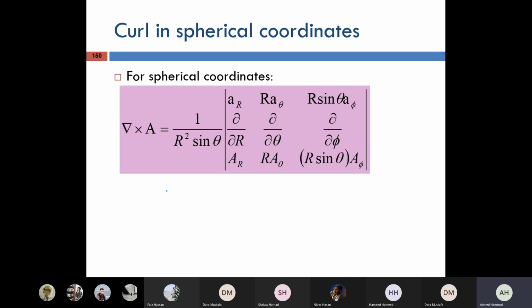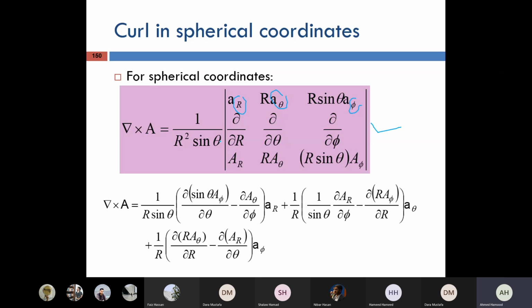Then we have the third part, which is spherical coordinates. Spherical coordinates are also the same, but you have to be careful. You have r, you have theta and phi. You have to know this one.